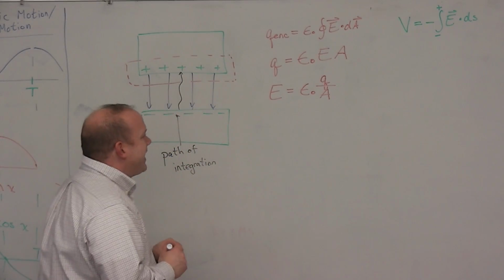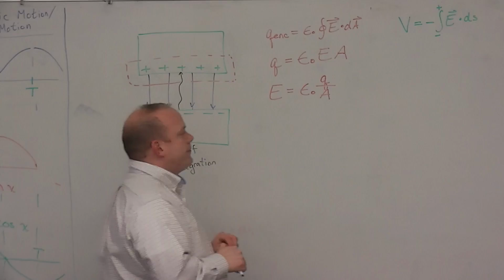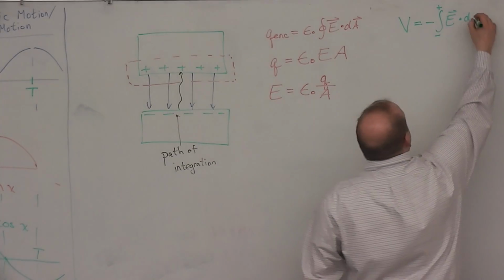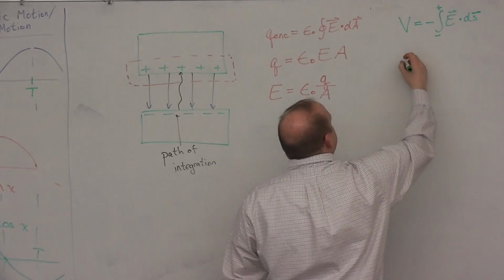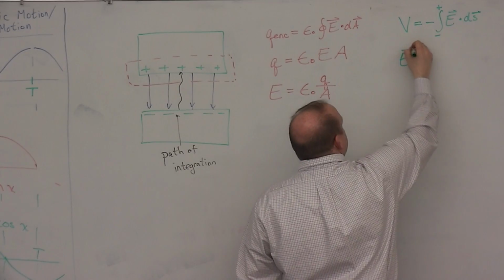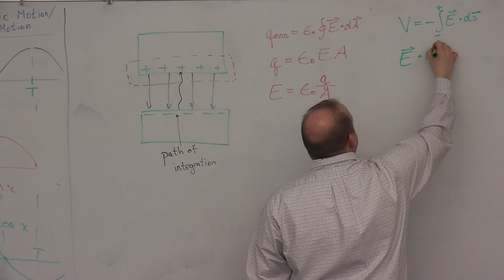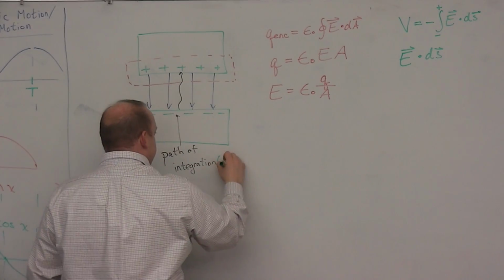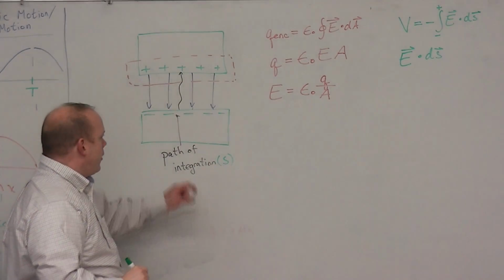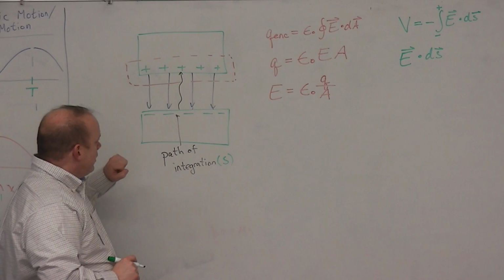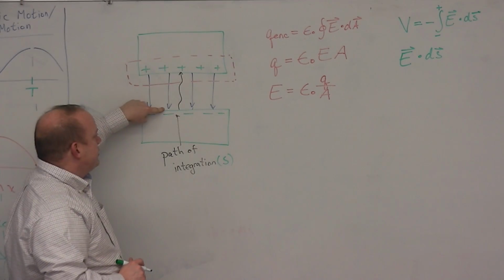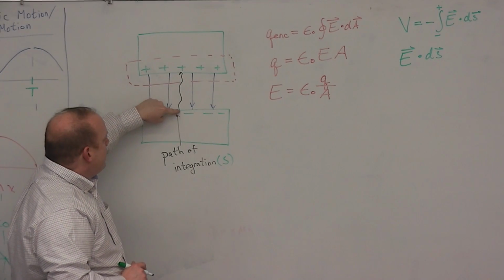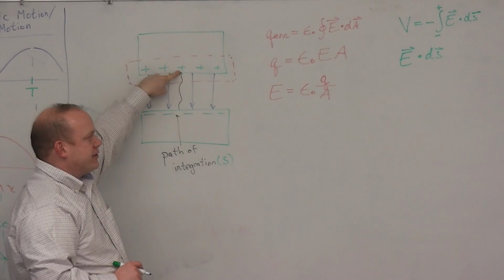I'm going to go from the negative to the positive. Something to point out here: E dotted with ds. Our path of integration is s, so ds is a little small part of that. E points in this direction. The path of integration goes the opposite direction.